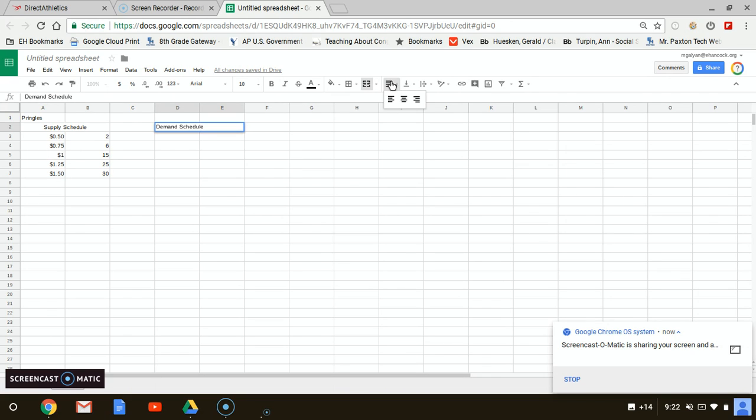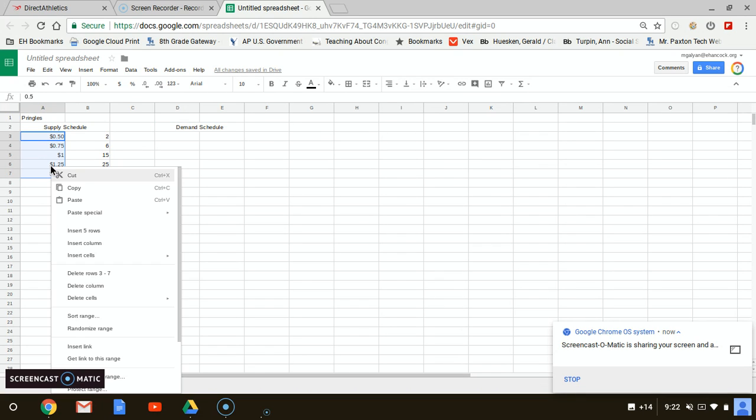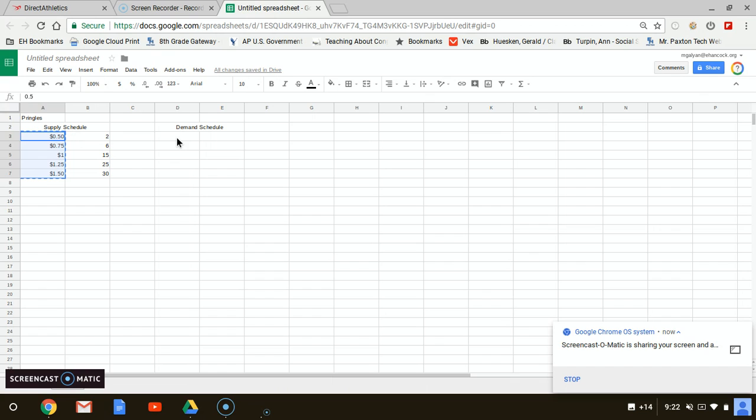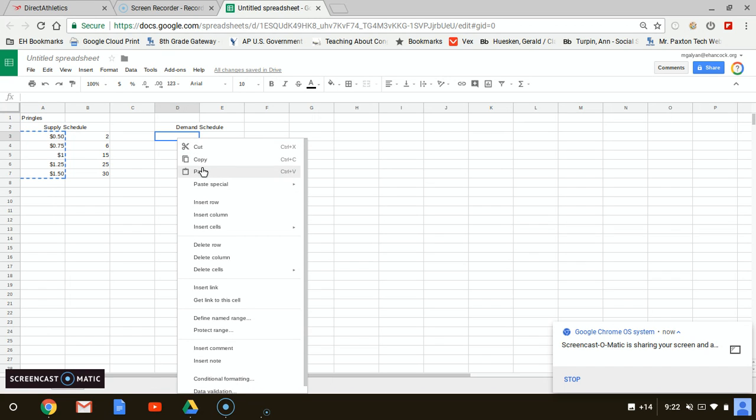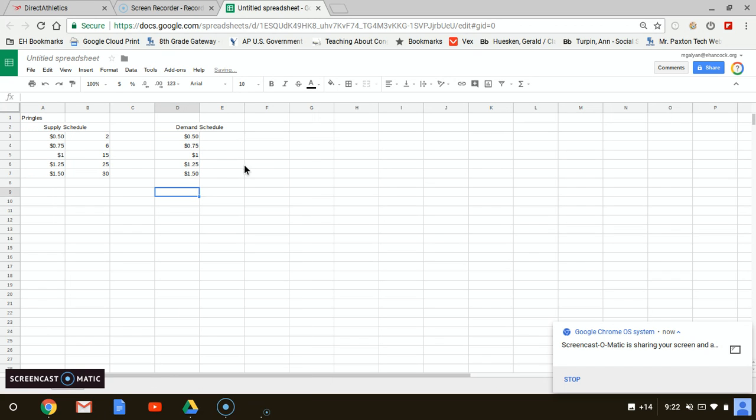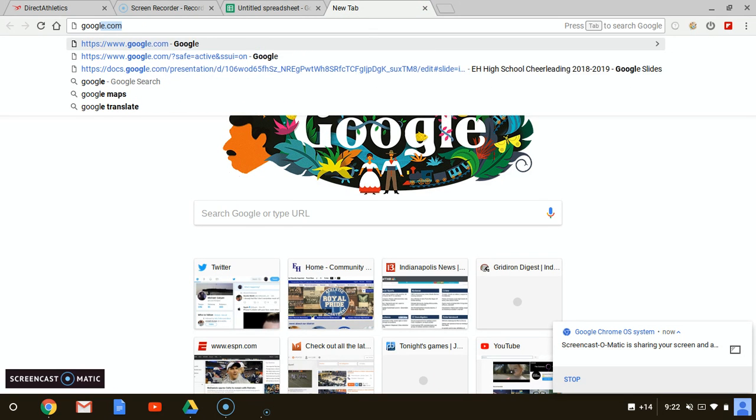The demand schedule uses the same prices that we saw here. But what you're going to do is you're going to take the results from your Google form. So you're going to pull up your Google form.